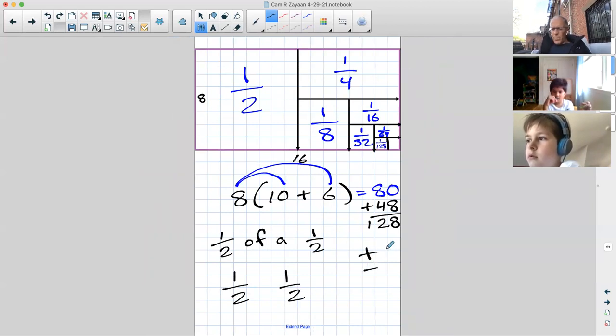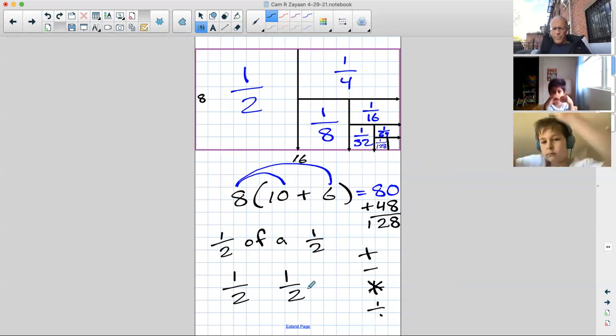Cam, look at the screen, please. What is a half of a half? Division, no, like taking away. No, it is multiplication.